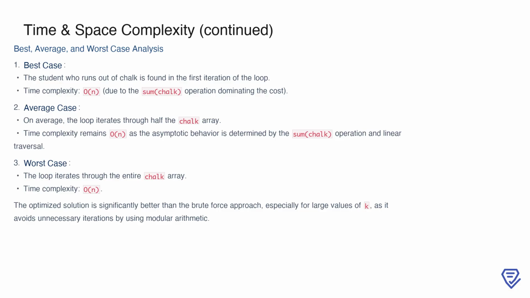In the average case, the loop iterates through about half of the chalk array, but again, the overall complexity is still O(n), since the asymptotic behavior is determined by the sum and traversal operations. In the worst case, the loop goes through the entire array, which also results in a time complexity of O(n). This consistent linear performance across all cases highlights the efficiency of the optimized approach, especially when compared to the brute force method, which is highly inefficient for large values of k.